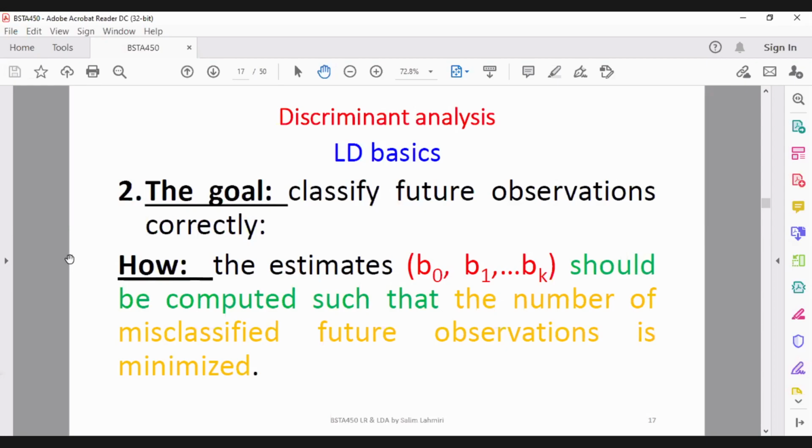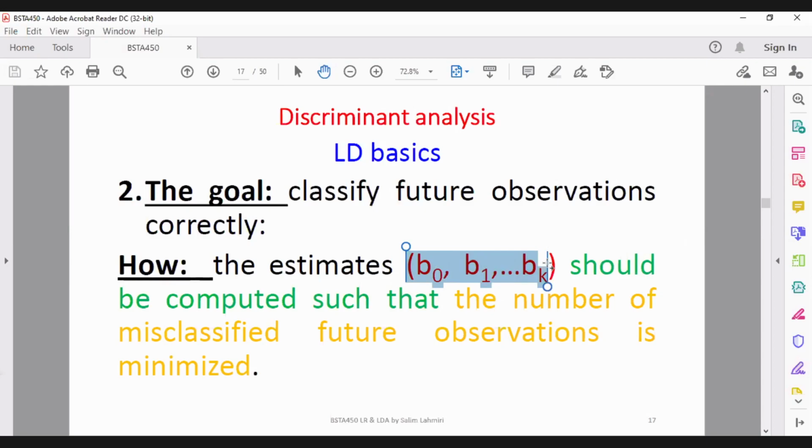So to get the betas, we simply need to write down a minimization problem where the goal is to minimize the misclassification rate. Please do remember that under multiple regression analysis, we seek to minimize the sum of squared errors to get estimates of beta 0, beta 1, beta k.